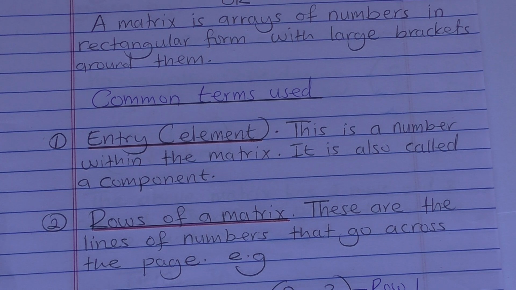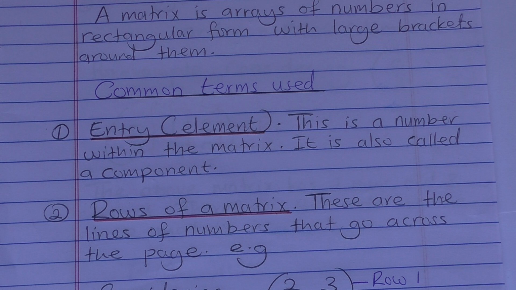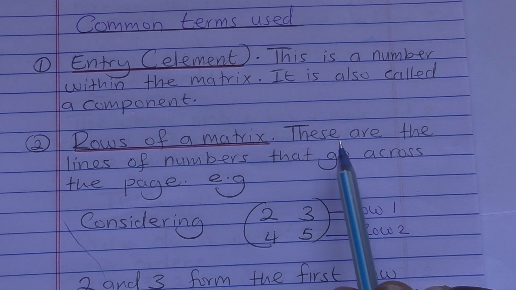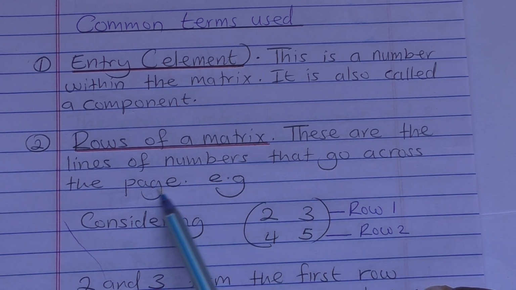2 is rows of a matrix. Yes, we've said that a matrix is arranged in rows and columns. So it is very paramount for us to know what a row is and what a column is. So we are saying that rows are lines of numbers that go across the page.